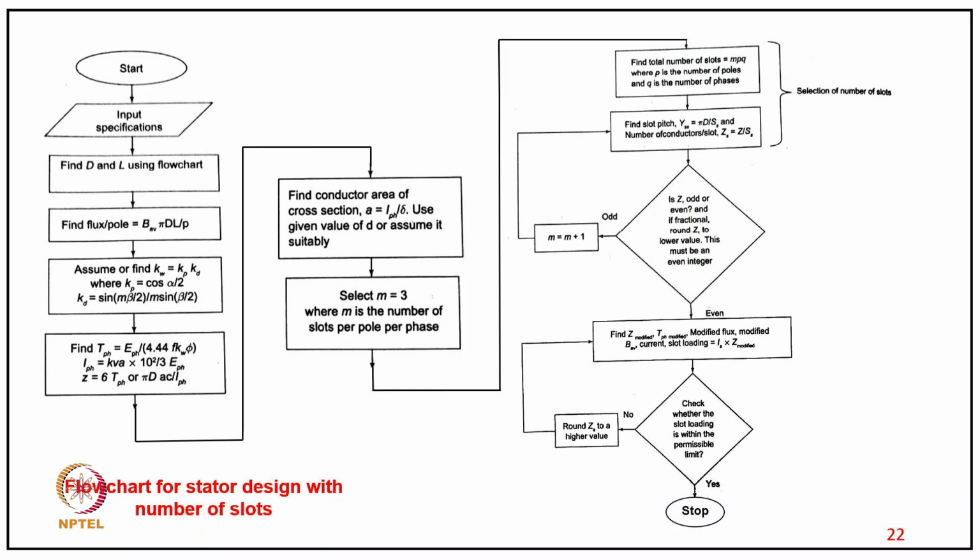This must be an even integer. So if it is odd, then add M equal to M plus 1, and if it is even, find total TPH, modify flux, then modify B average, current slot loading, then IZ into Z, and check whether the slot loading is within the permissible limit. If no, round ZS to the higher value.